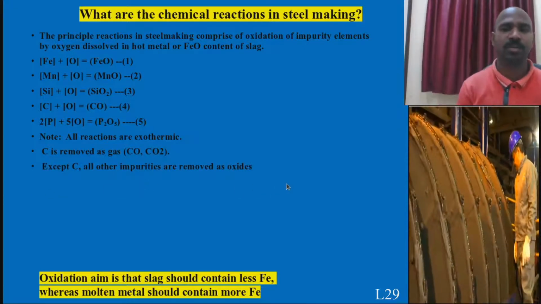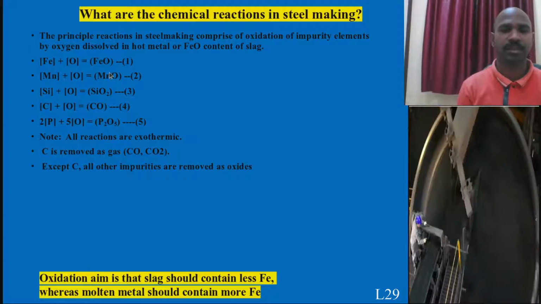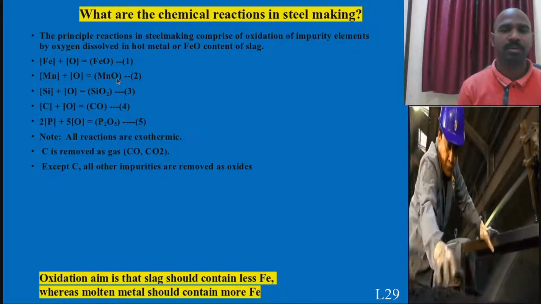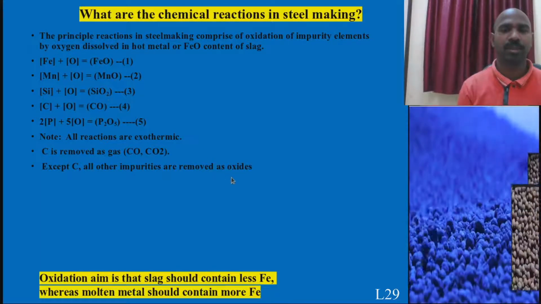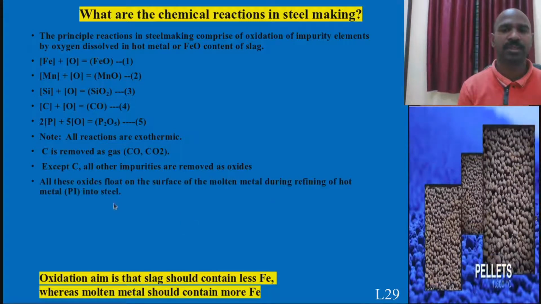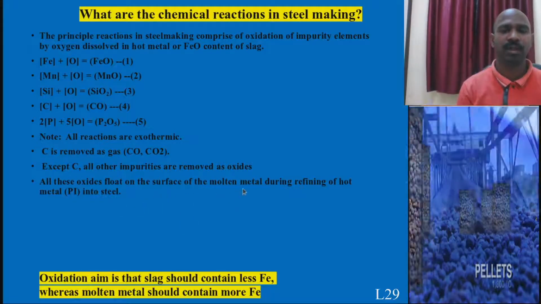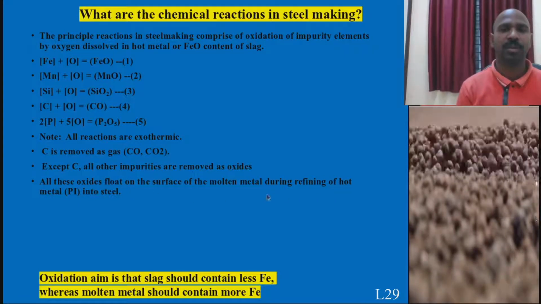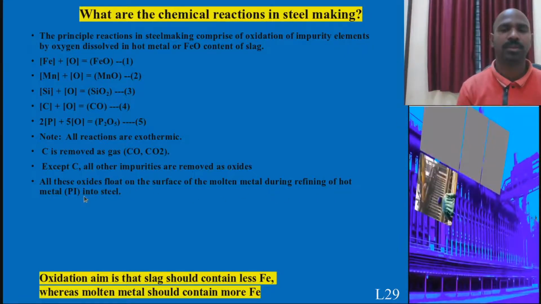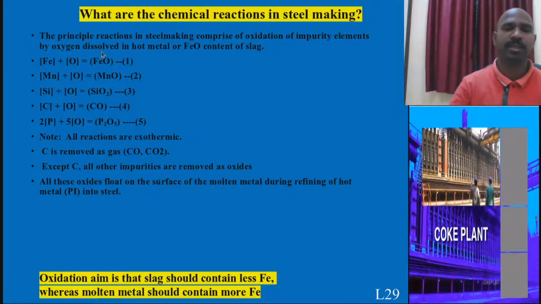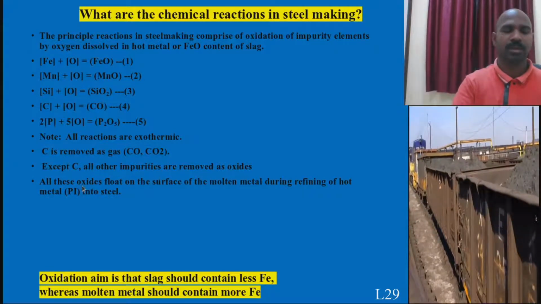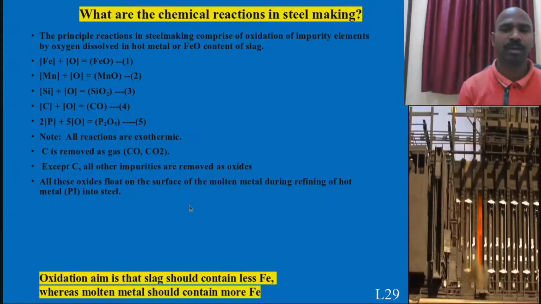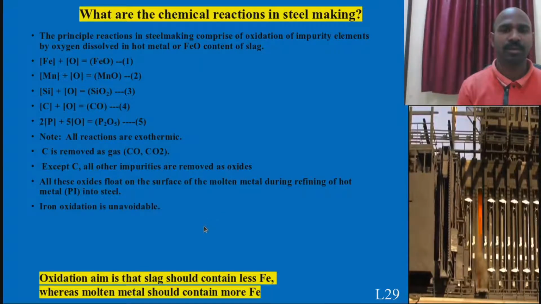Except carbon, all other things go as oxides: FeO in the form of liquid slag, phosphorus and so on. During refining, as pig iron is converted into steel, all these oxides, which are in the liquid state, float on the surface and are easy to remove.